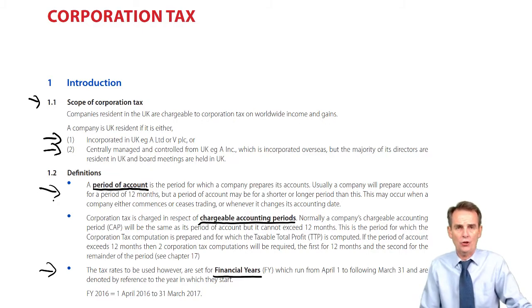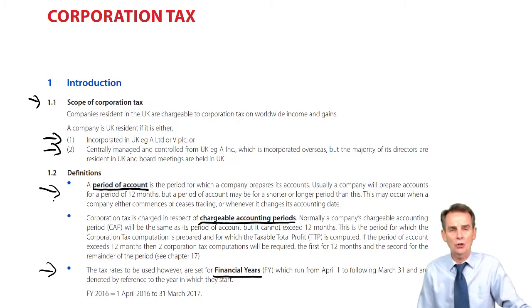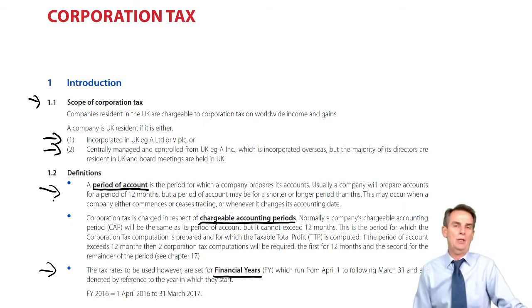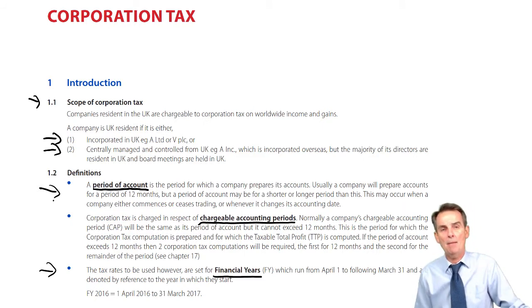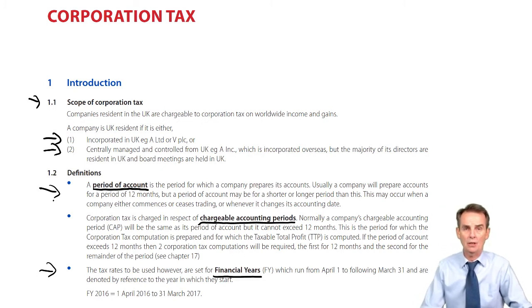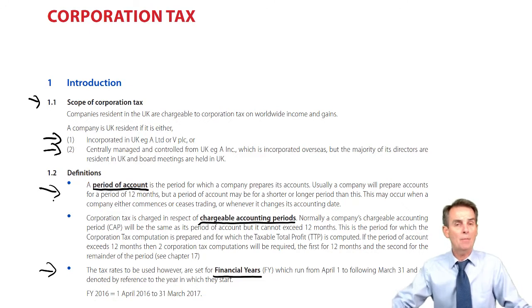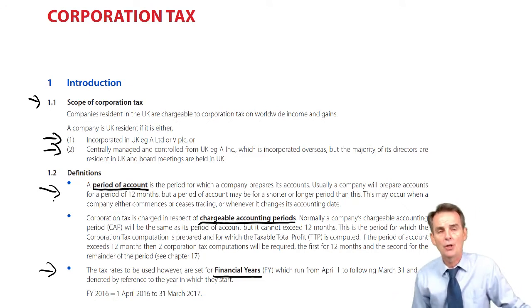A company starts to trade on the 1st of October, let's say 2016, and it decides that it would wish to prepare its accounts to the 31st of December. Well, it's got two choices. Its first set of accounts from the 1st of October 16 could go October, November, December for the 3 months through to the 31st of December of 16.